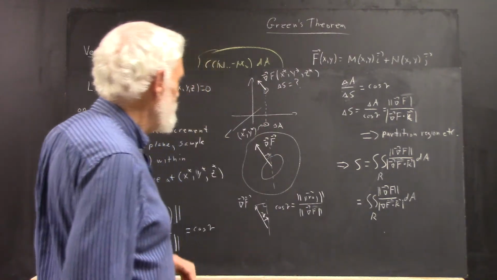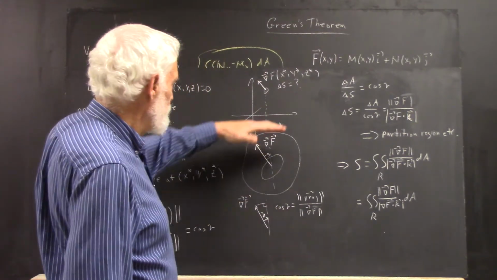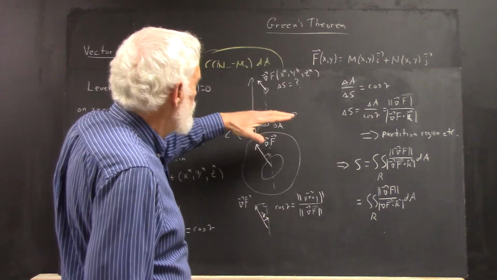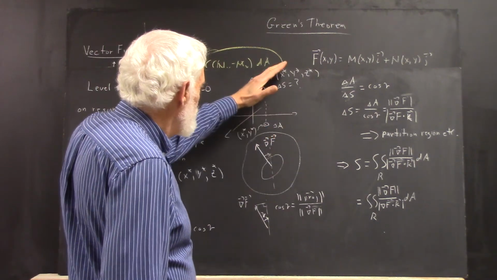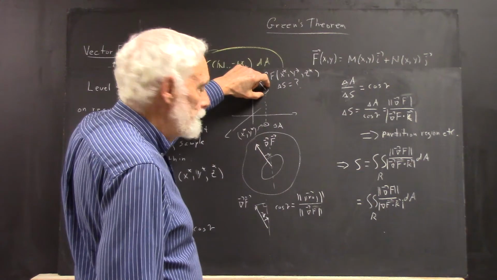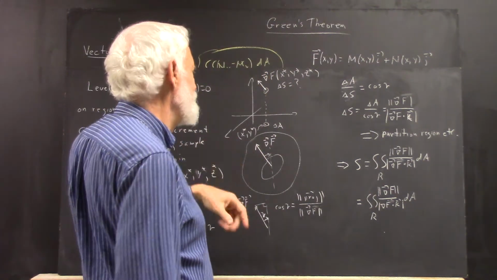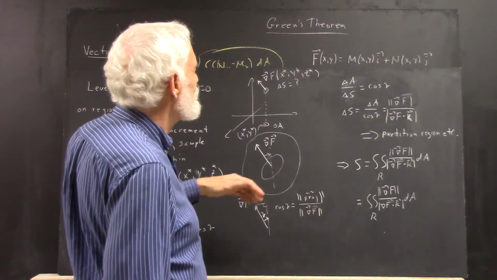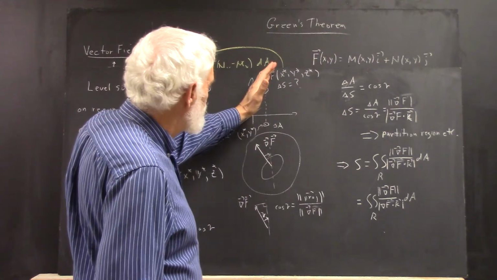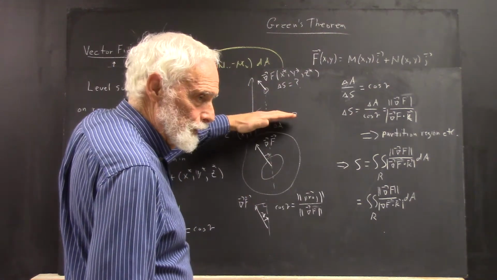And that is the same angle, and I'm waving my hands a little bit, but it's the same angle to which the area delta A needs to be tilted to give you the corresponding area of delta S. The angle by which delta S is tilted with respect to delta A.